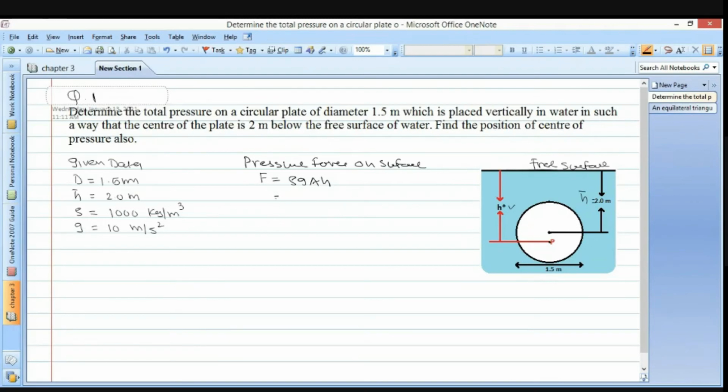So here rho is 1000, g is 10, and the area of this plate is pi by 4 d square, so d is 1.5 to the power 2, into h, that is 2. The answer will come, that is 3.54 into 10 to the power 4, and the answer comes in the unit of Newton.